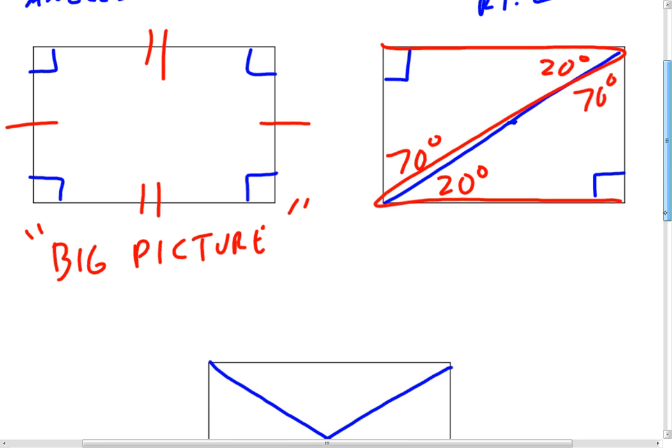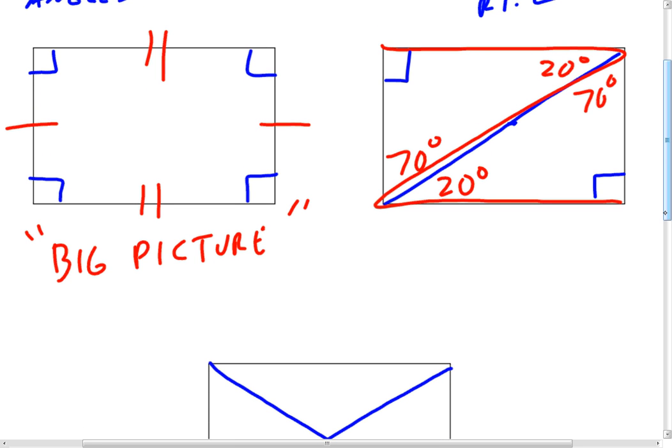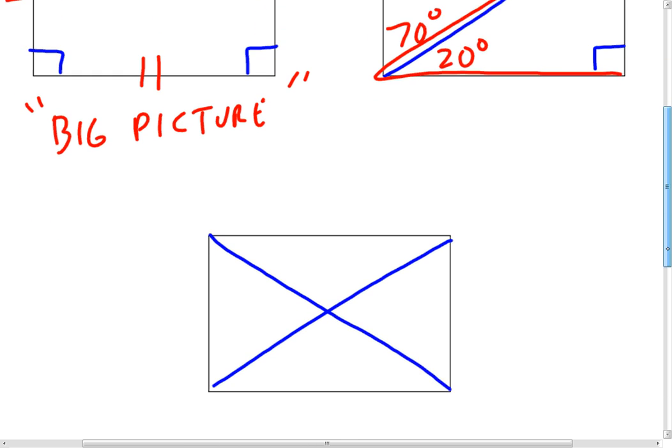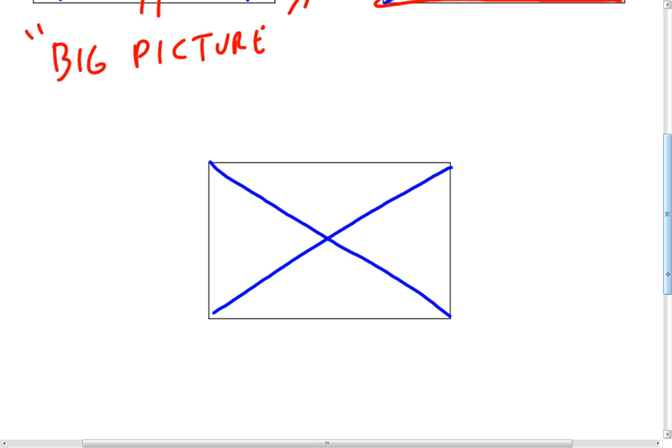Maybe that's important. Maybe that will help you find pieces of the puzzle, whether you're using trig, special right triangles, or Pythagorean theorem.